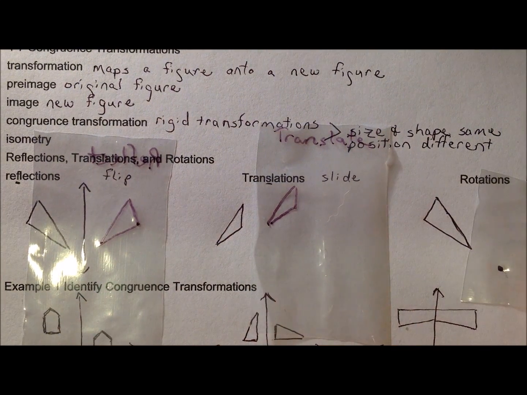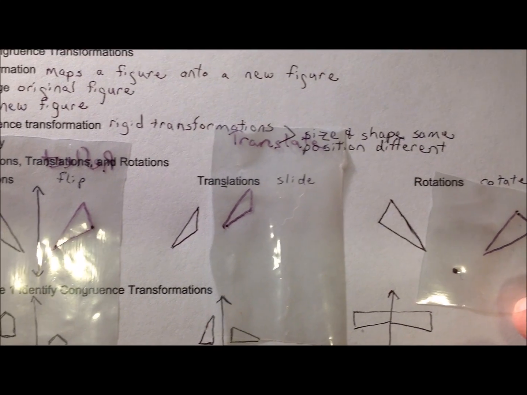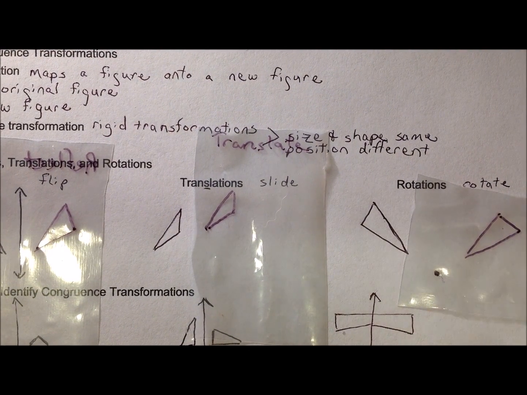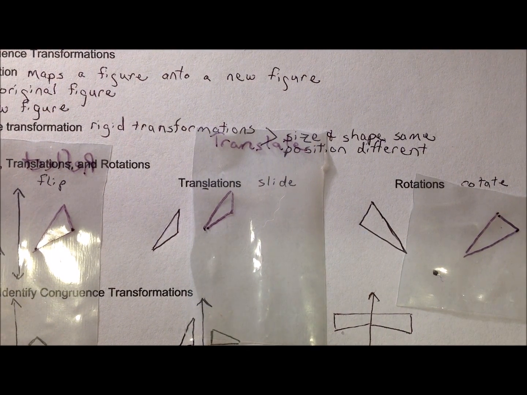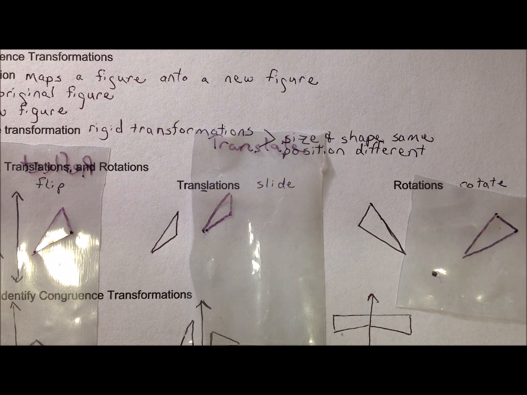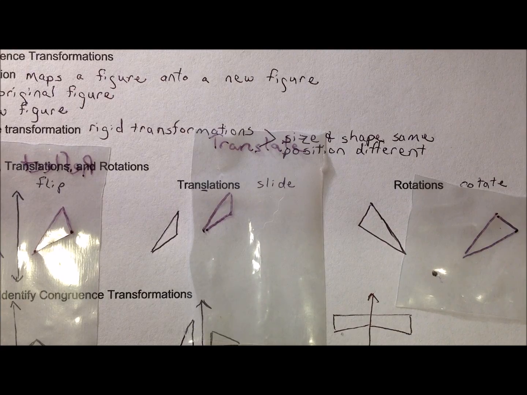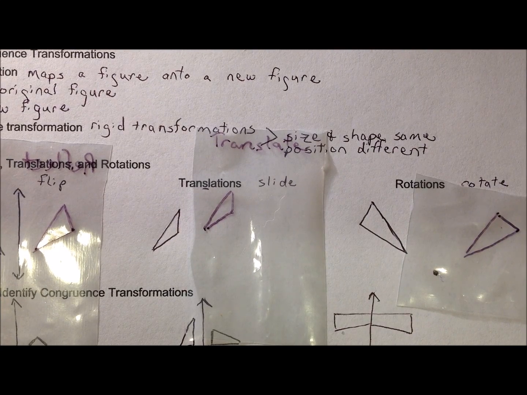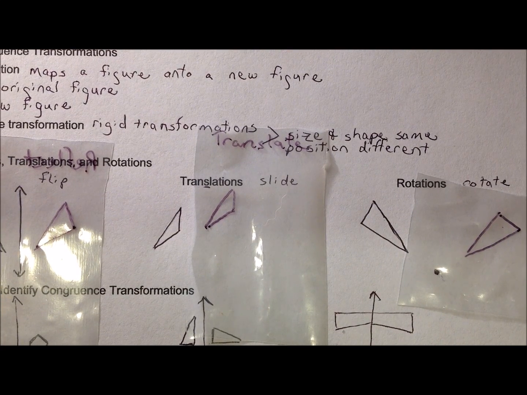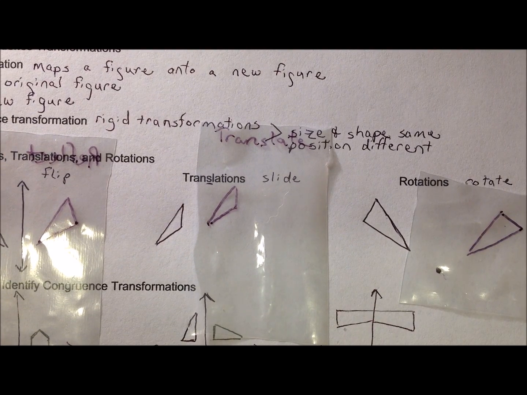Okay, so that's a rotation. It's a little off the page, but there it would end up. So we have reflections that are flipping a figure. We have translations which slide a figure, and rotations which rotate a figure around a point.